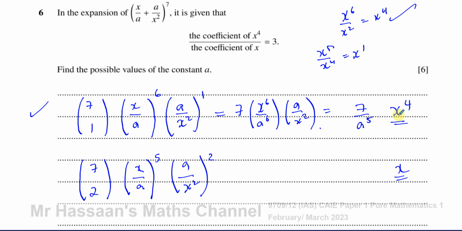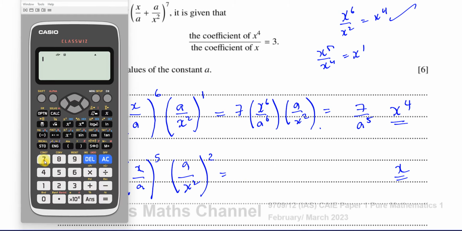Okay, and for this one, 7C2, we're going to find out what that is. So we take a calculator, press 7, Shift C, which is this button you have to access using the Shift button, the one above the division, nCr. So 7C2, and that gives us 21.